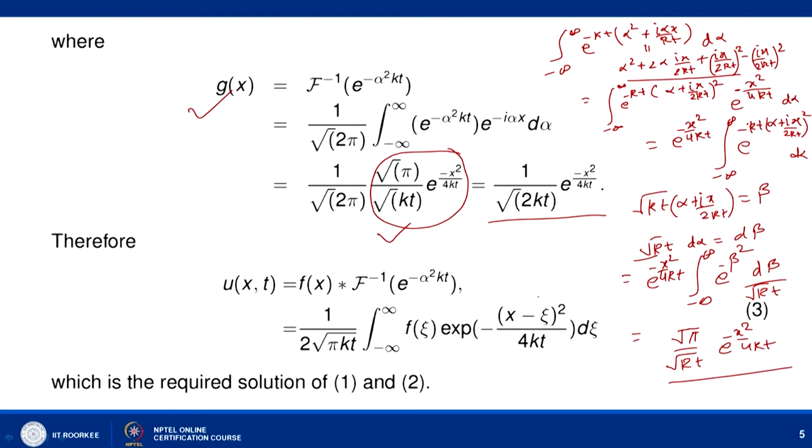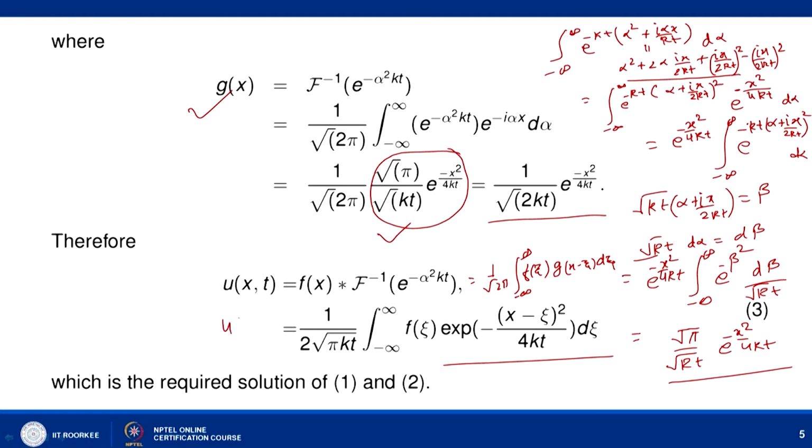So, here we simply say that we can write f convolution g of x as 1 upon root 2 pi, integral from minus infinity to infinity f of xi, and in place of the argument of g, we write x minus xi d xi. So, we already have g of x, so we can define g of x minus xi, and we have written like this.